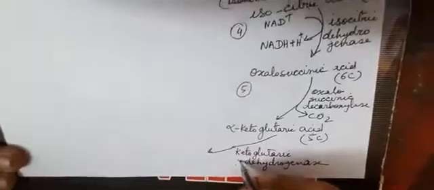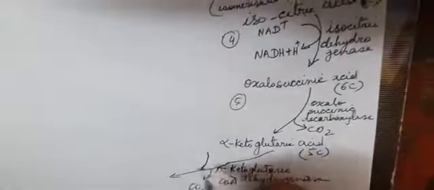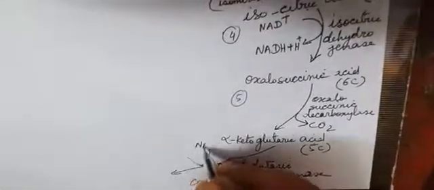Then alpha ketoglutaric acid, in the presence of the enzyme ketoglutaric dehydrogenase and in the presence of coenzyme A, will release CO2, and again there will be the removal of hydrogen ions which will be accepted by NAD.